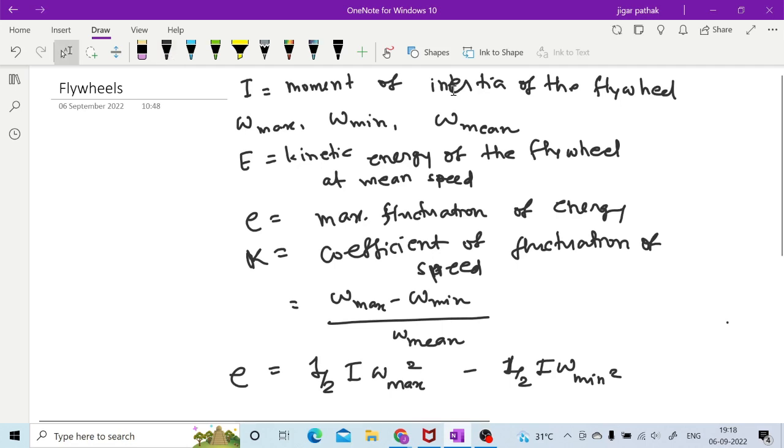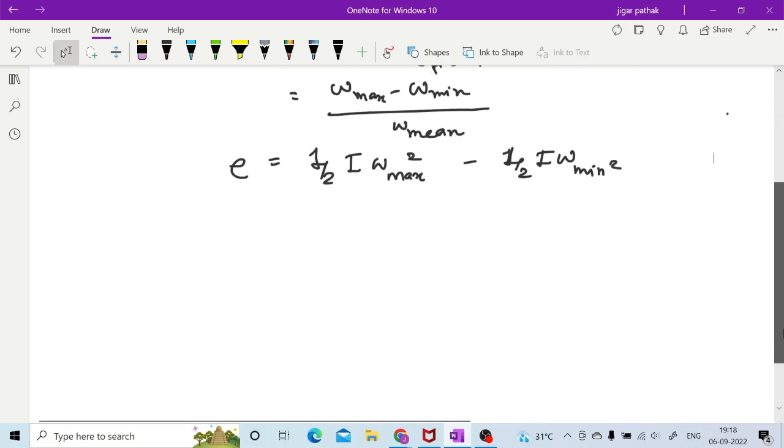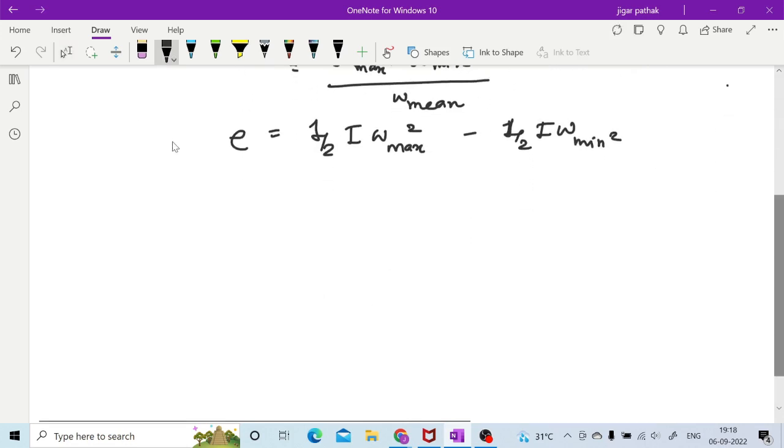So if you further go and simplify this, then you will have 1/2 I omega max square minus omega mean square, right?